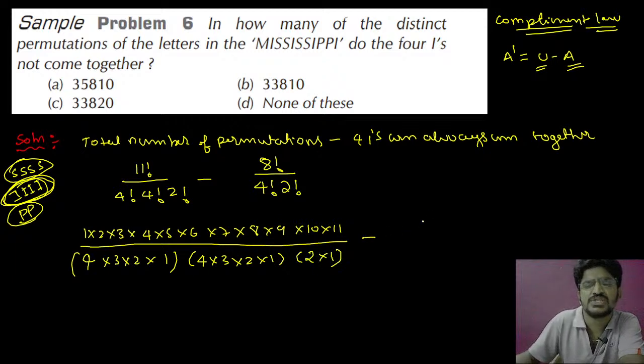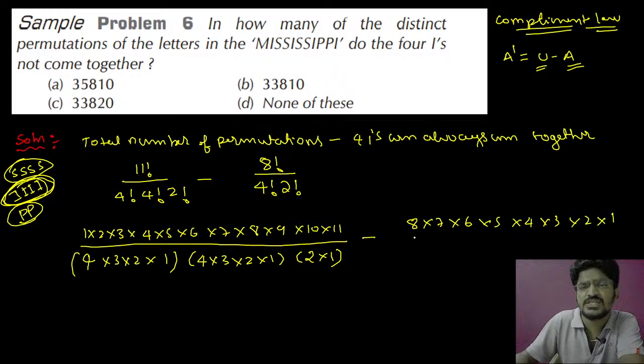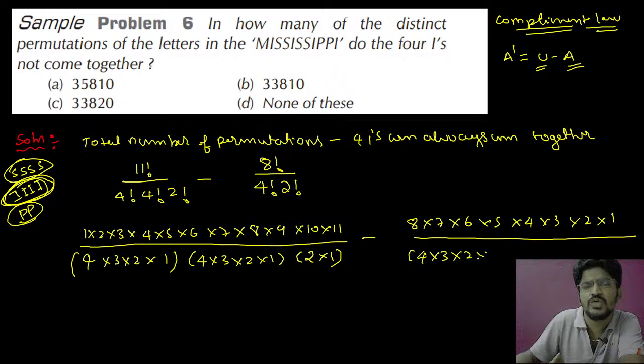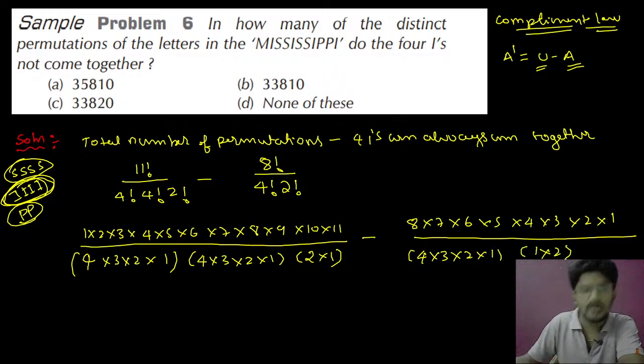Minus 8 factorial, 8 into 7, 6, 5, 4, 3, 2, 1. This is known to everyone. Divided by 4 factorial, 4 into 3 into 2 into 1, and 2 factorial, 1 into 2. Clear? Now you see, I will cancel 4 factorial and 4 factorial. Clear?